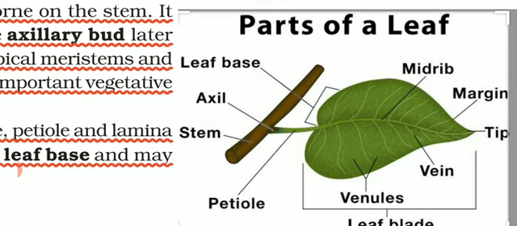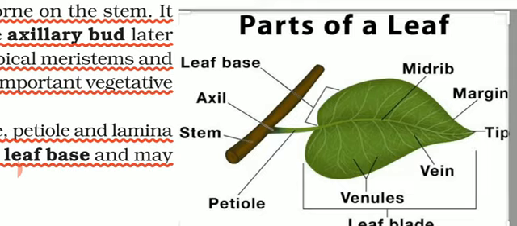Then can you see the axil? The axil is the part at which the leaf or petiole is attached to the stem. If a small bud is present in that notch, that bud is called the axillary bud.